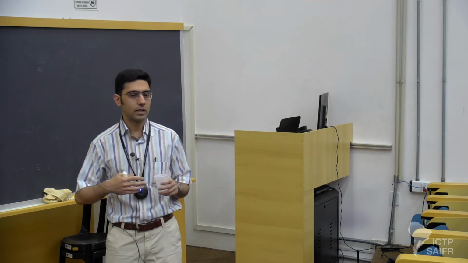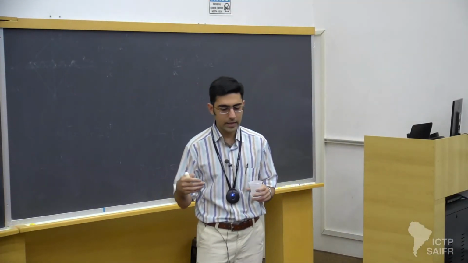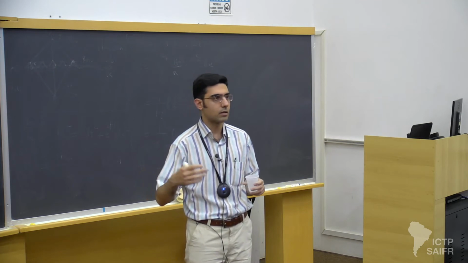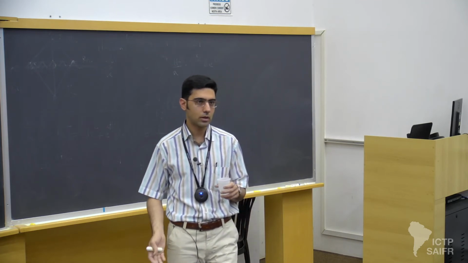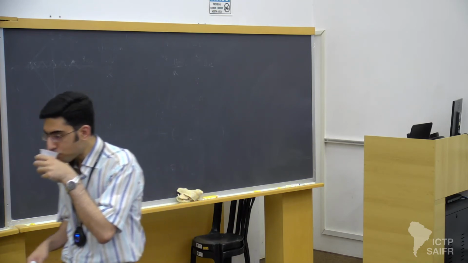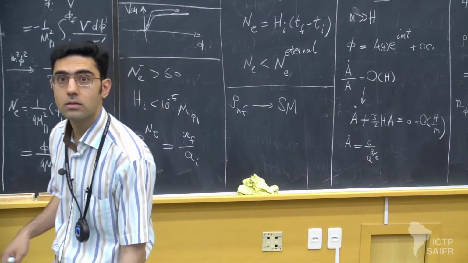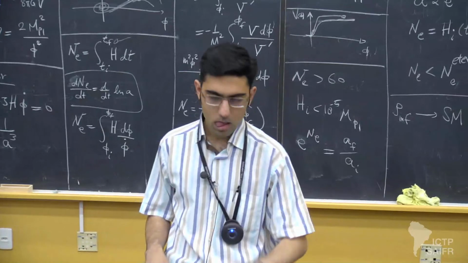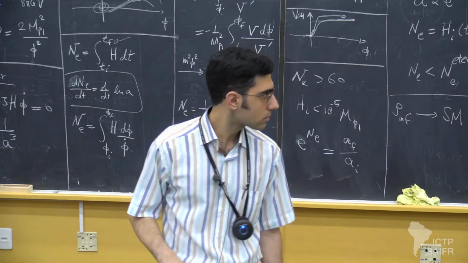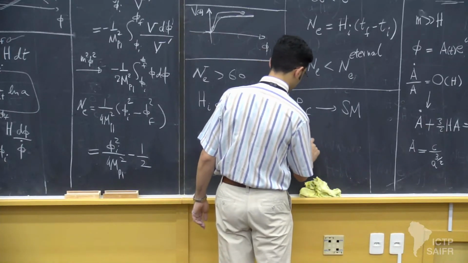And therefore, depending on what this decay rate is, after some time we will get this thermal phase in which we have a standard model at some high temperature. And then from there, the standard cosmology can continue. Any questions so far? So this was reheating.